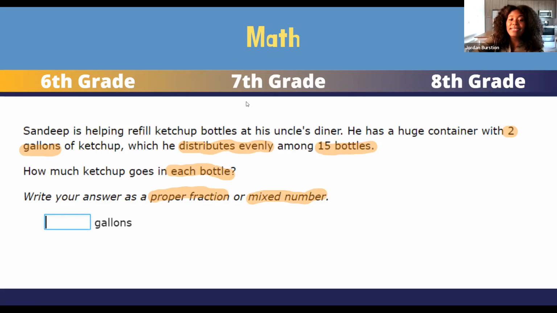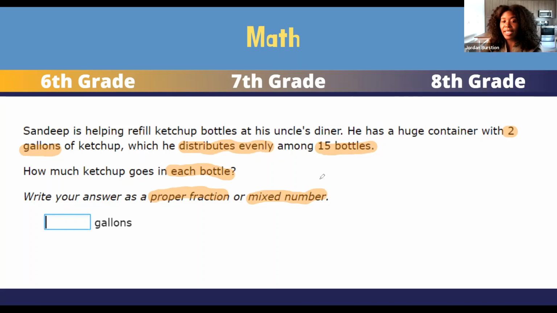So you may have noticed that I was annotating or highlighting as I read. Whenever you're given written work, I recommend you do that when you're doing a word problem to help you identify what's the most important information in the problem.